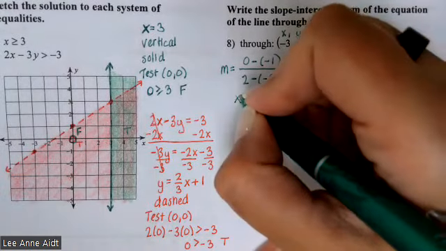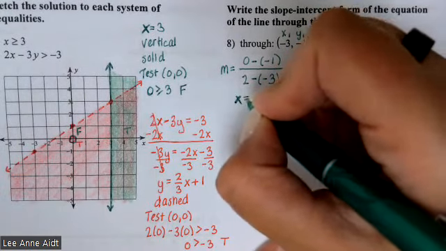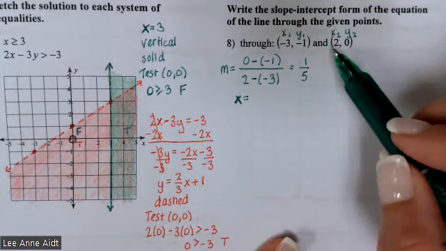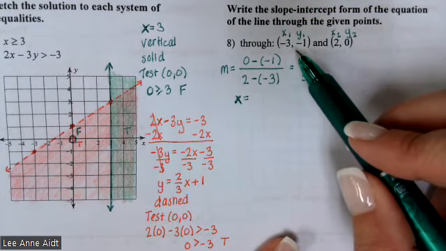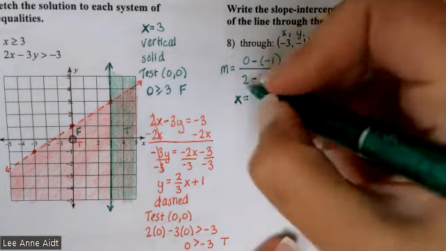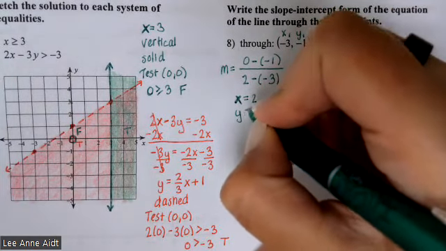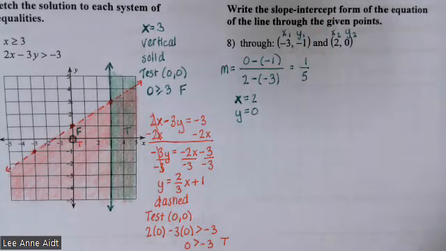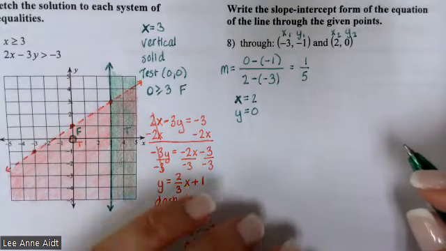This might be an occasion where I choose the second point instead of the first point. Do you see why I might choose the second point instead of the first point? Yeah, easier numbers. It doesn't matter. You just have to pick one of the points. I'd like to avoid the negatives if possible.